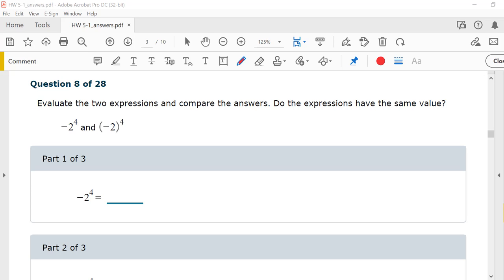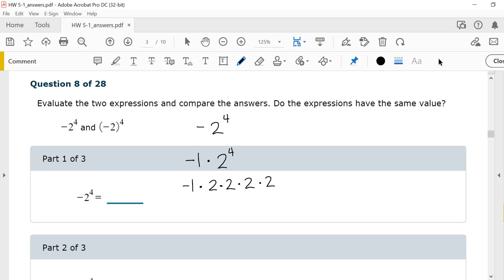Question 8. Evaluate the 2 expressions and compare the answers. Do the expressions have the same value? The first expression is -2 to the 4th. Remember, we've already talked about that negative out front. That's actually -1 times 2 to the 4th, which is -1 times 2 times 2 times 2 times 2.